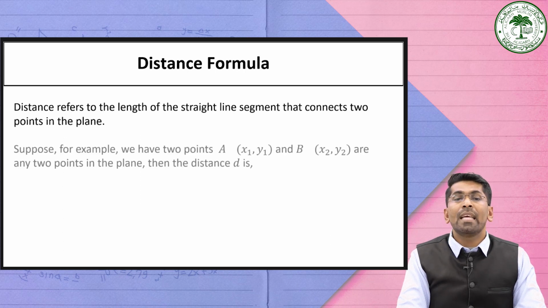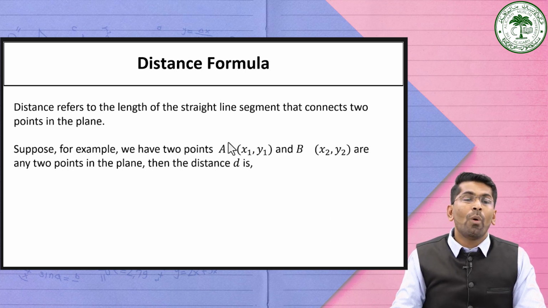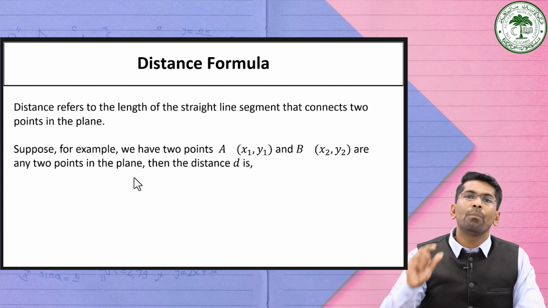Suppose, for example, we have two points, point A and point B. At point A we have coordinates x1 and y1, and at point B we have x2 and y2, which are any two points in the plane.